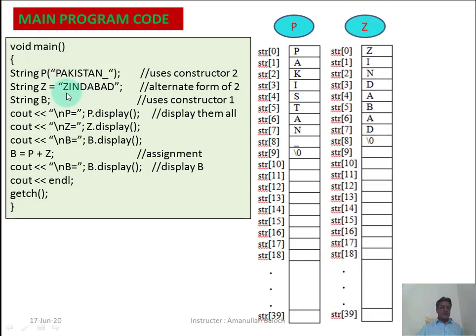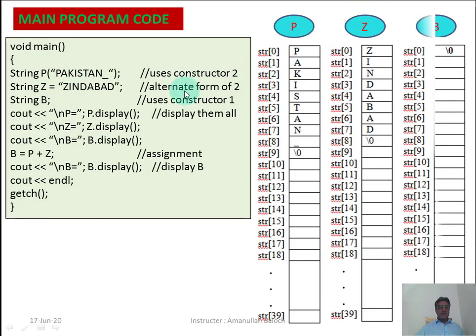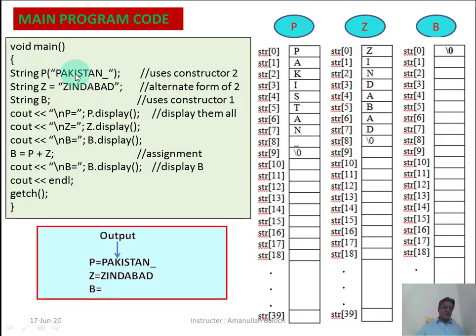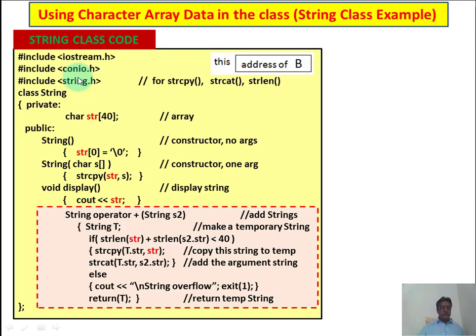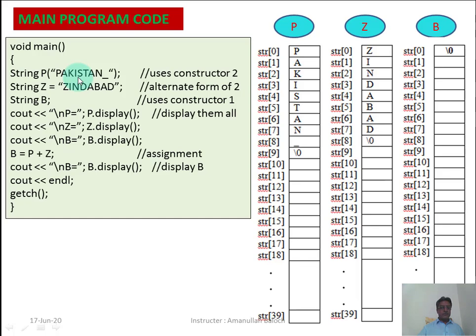Here we can see that P contains one value, Pakistan, and the one-argument constructor will accept the value of Pakistan and store it in the memory of the P object. So in the memory of the P object you can see the value of Pakistan.